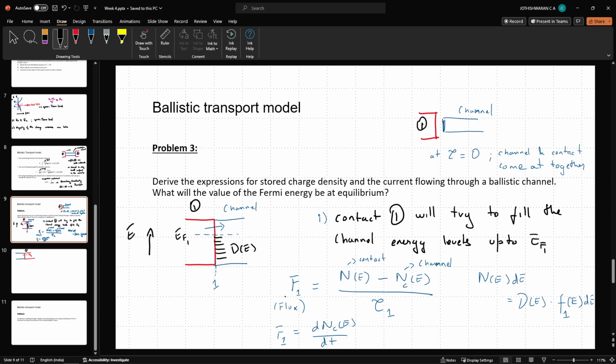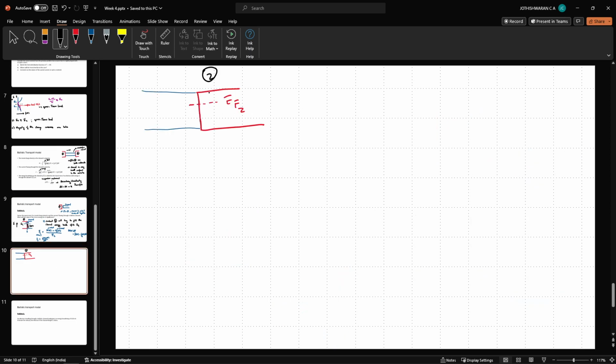So F1 can be positive or negative. I'm not saying the electrons are only moving in this direction. No. It depends on how many electrons are present in the channel, and that is what we want to find out under particular conditions.